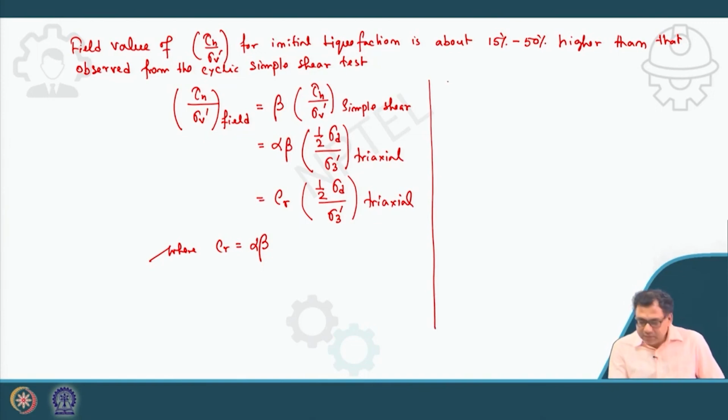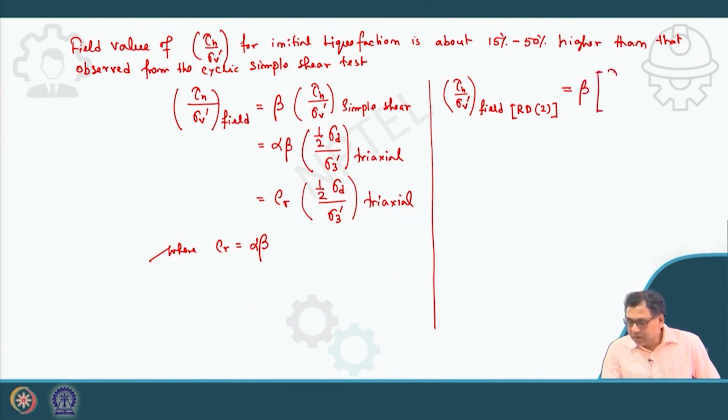So I can write that for tau h by sigma v dash field for any relative density RD2, that is equal to beta into tau h divided by sigma v dash simple shear for any RD1, say.